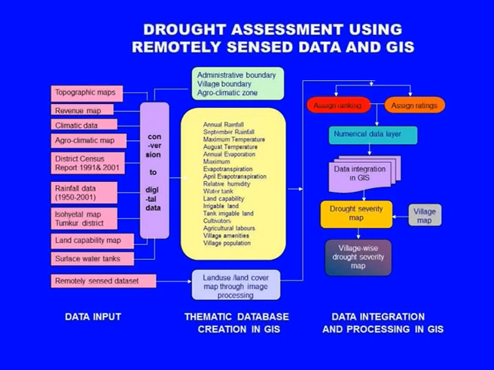So, one has to provide the rankings, and similarly ratings also have to be provided, which can be then integrated in a GIS to create drought severity maps. Over these drought severity maps, we superimpose the village map. So, we can have the village wise drought severity maps.